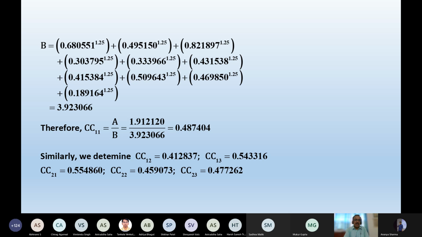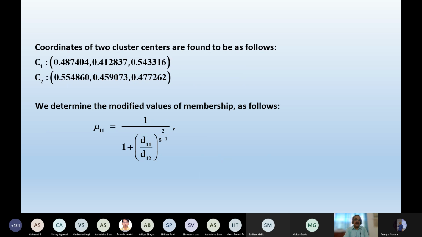Then C21 is 0.554860, C22 is 0.459073 and C23 is 0.477262. And once you have got all such numerical values, now you can write down the cluster center.